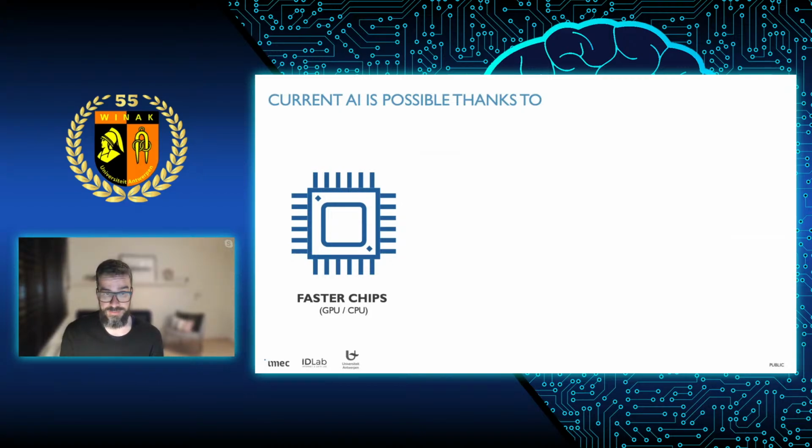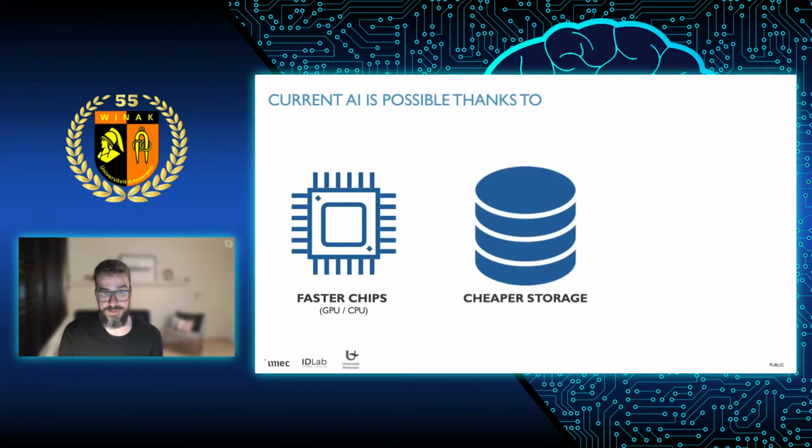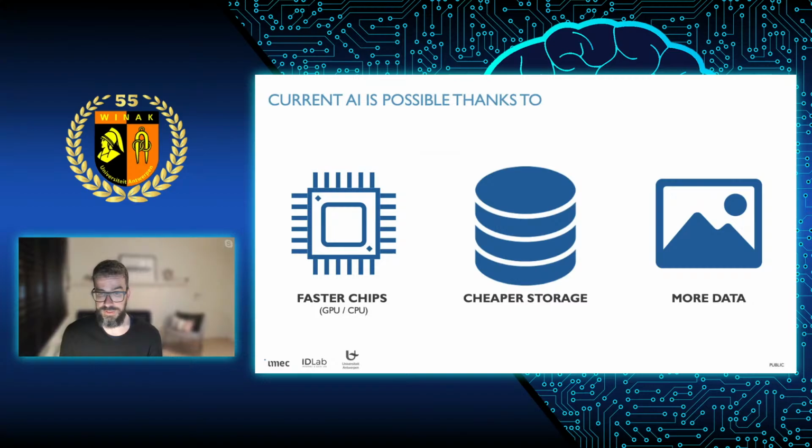On the other hand, we have cheaper storage, and on the third, we have more data. Fundamentally, and that's really important to know, machine learning and neural networks aren't really that different from what they were 15, 20 years ago. But they, of course, result in a lot of very important applications now.